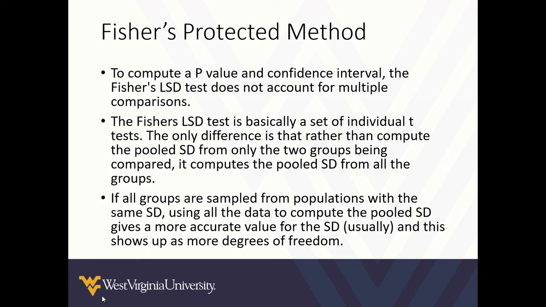The only difference is that rather than computing the pooled standard deviation from only the 2 groups being compared, it creates a pooled standard deviation from all of the groups. If all groups are sampled from populations with the same standard deviation, using all that data to compute a pooled standard deviation is going to give us a more accurate value that's closer to the true population value, at least theoretically.